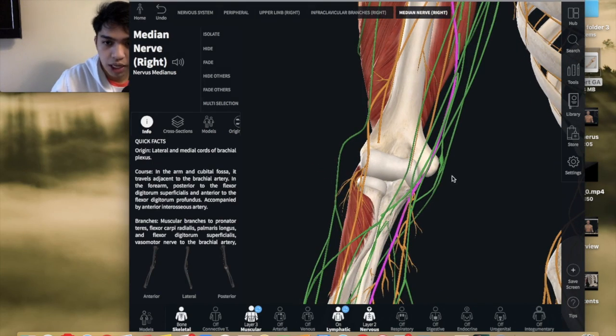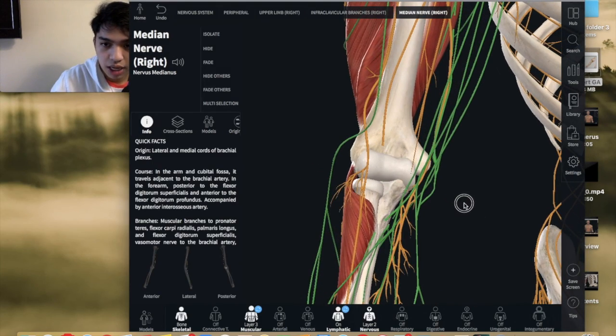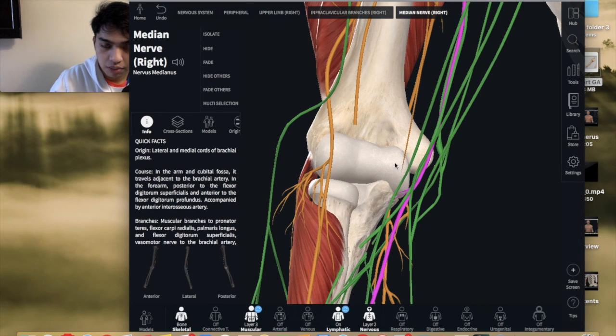So medially, di ba, kaya dyan nagsimula. On the medial side of the cubital fossa, it starts from the median nerve, yung highlighted in pink again. And then we have the bifurcation of the brachial artery, which is not shown in here.